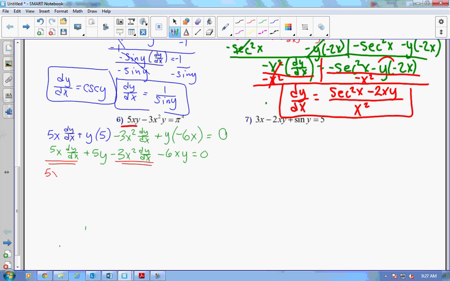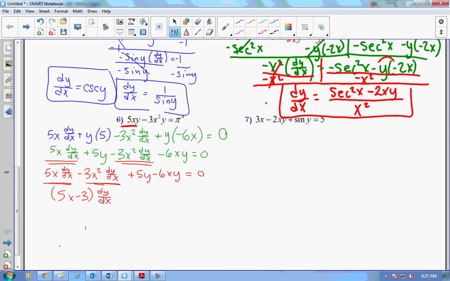So you have your 5x dy/dx minus 3x squared dy/dx, and these are the non-dy/dx terms. Well, if they have something in common, they're like terms, you can factor out (5x minus 3) dy/dx. That's the trick. I took everyone around and showed a few people that. Any questions on how I get this?